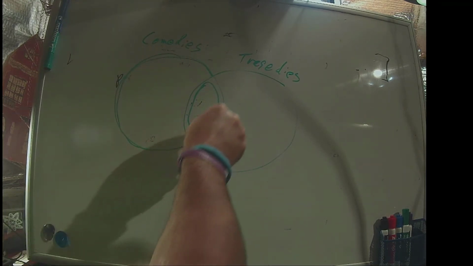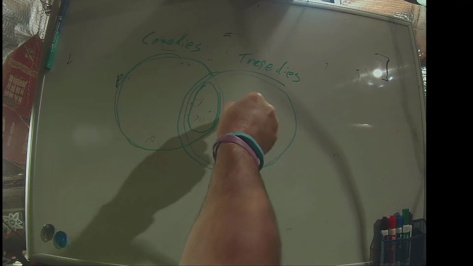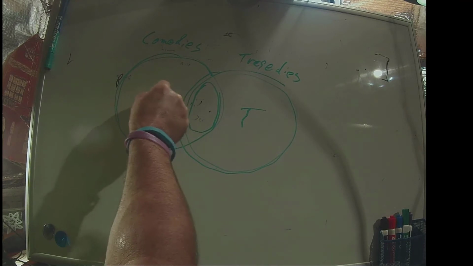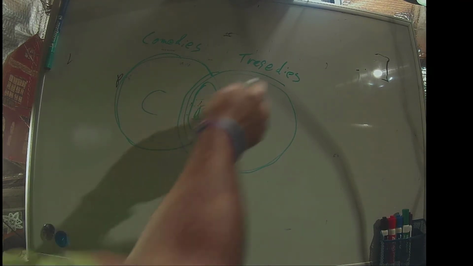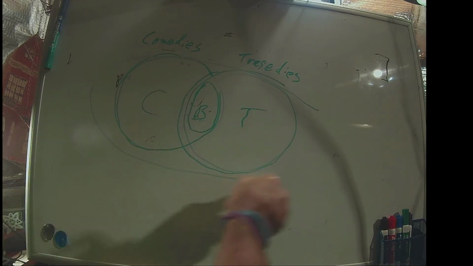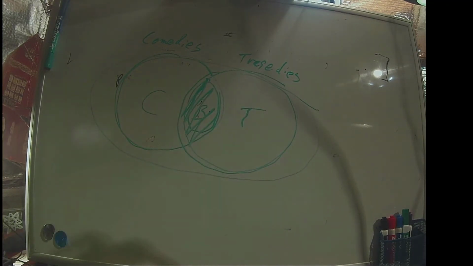This whole area is comedies. This whole area is tragedies. These are tragedies that aren't comedies. These are comedies that aren't tragedies. These are both, right? So the union operator is everything, both of those. The intersection operator is this section.